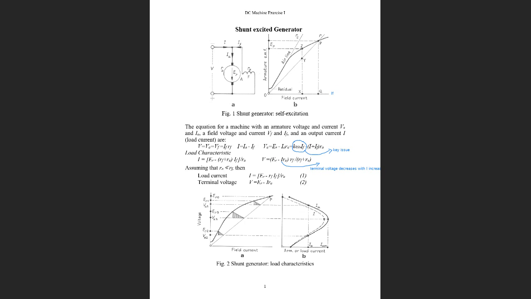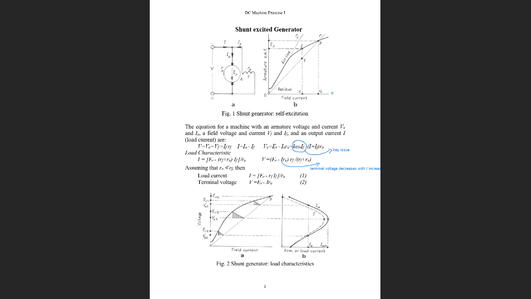Generally speaking, when the loading current increases, the terminal voltage will decrease, if the internal generated voltage is fixed. But this is not so obvious, because when the terminal voltage changes, the field current will change, and the changing field current causes a change of the internal generated voltage.